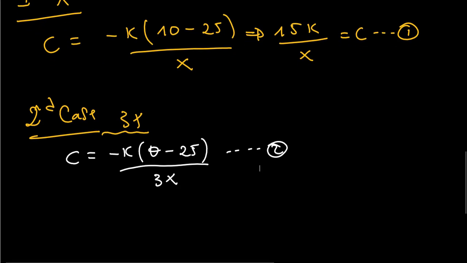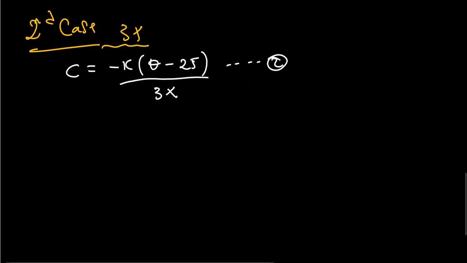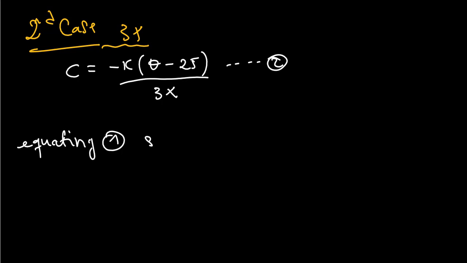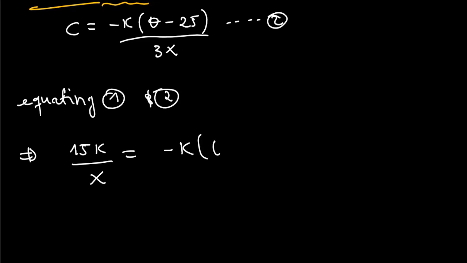Now the constants C are equal, so I can equate equation 1 and equation 2. Equating them, I get 15K divided by x will be equal to negative K into theta minus 25 divided by 3x.